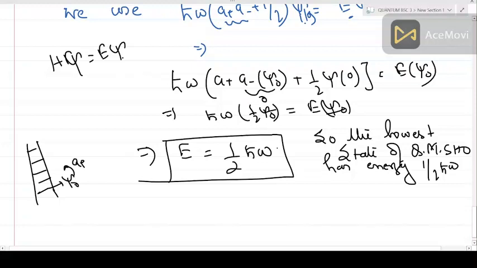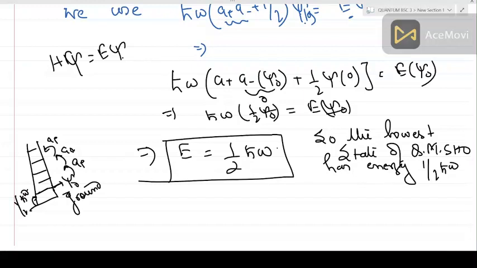You are starting to climb up the ladder by applying A plus repeatedly on this step. Again A plus, again A plus. You are climbing this ladder from here, psi naught. And if this is the ground, this step is above the ground by half h bar omega.